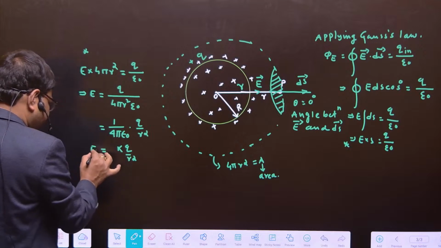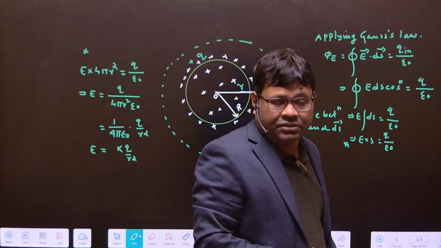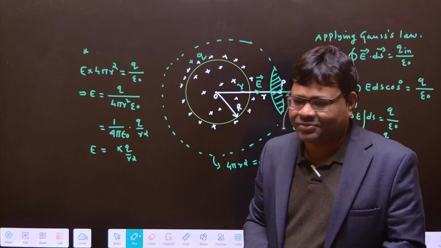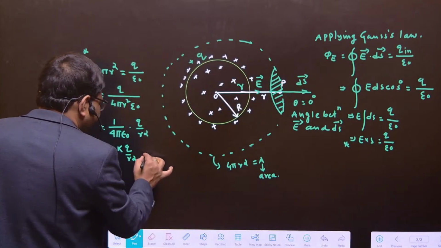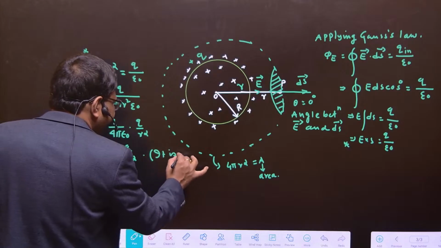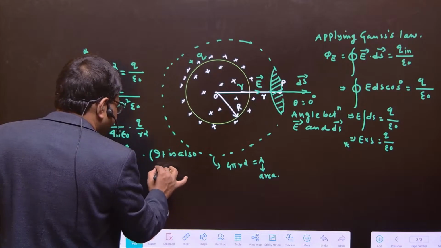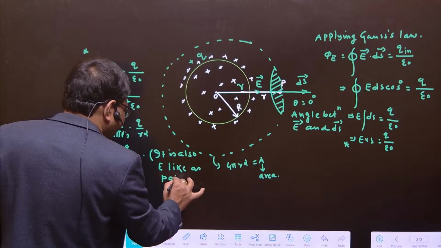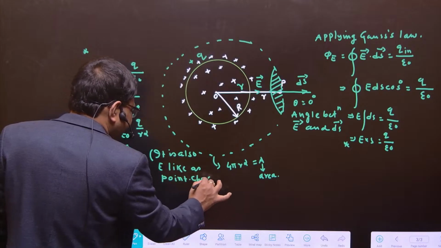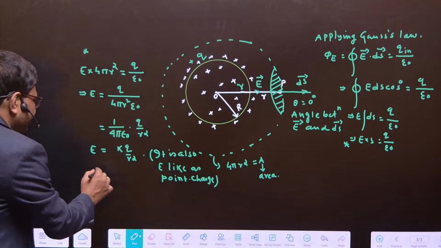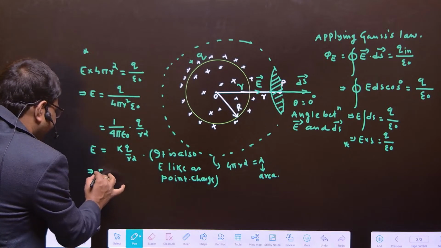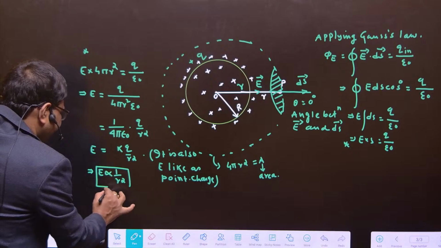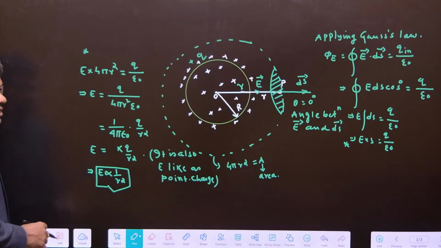So outside of the solid sphere, the electric field is like the electric field of a point charge, like a single point charge. From this relation we can say electric field is inversely proportional to the square of the distance, which means with respect to distance the electric field decreases rapidly.